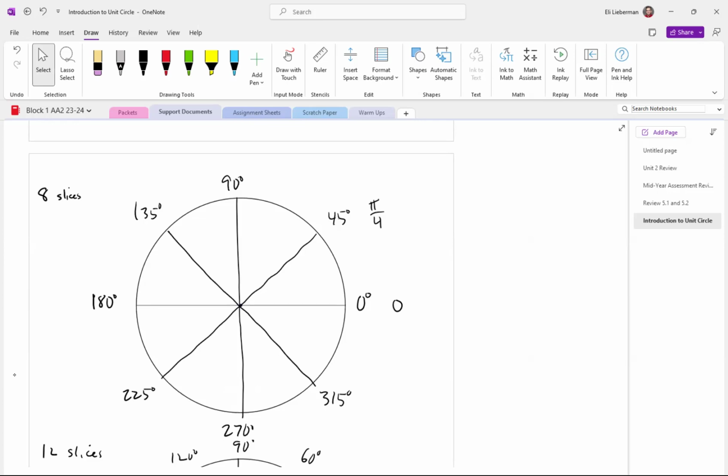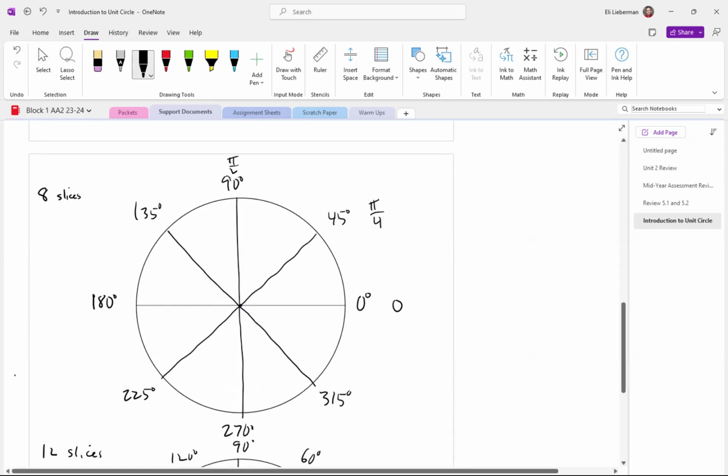Did you get it? Let's do the 8 slice. Lily, can you tell us what you got for the rest? And then 5, 3 pi over 4. And then at 185. And then at 245, 5 pi over 4.